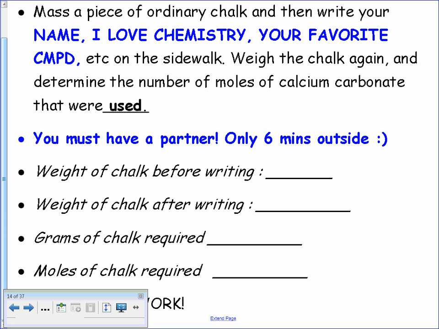This is atoms or units here. You have atoms.